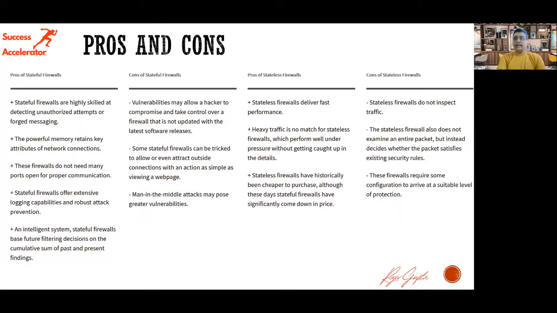So for that, number one, I have given you a very good comparison table comparing the pros and cons of both the firewalls. So, pause this video for a few minutes and go through each of these bullets one by one. And I have already summarized the key differences between them.